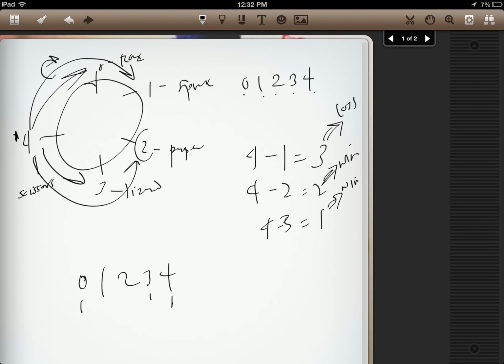Anyways, understanding modular arithmetic. If we take the negative of these numbers, we get -1, -2, -3, -4. Let's say we take 3 minus 4, which is equal to -1.